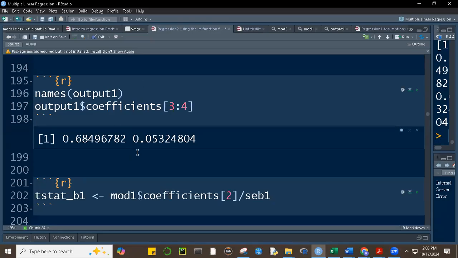Okay, it will give me the standard error for, so this is the standard error for your intercept. This is the standard error for your slope. Follow, class? Follow?